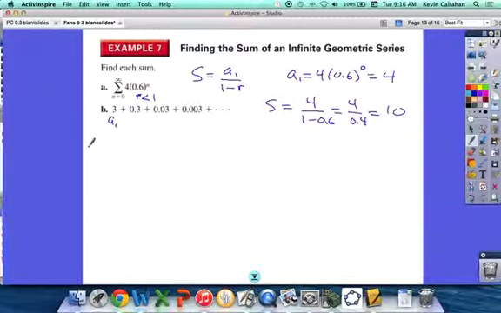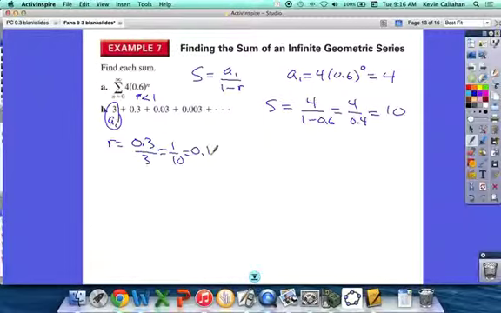You divide consecutive terms. So our r will be 0.3 divided by 3, just dividing the second term by the first term. And that is 1/10 or 0.1.